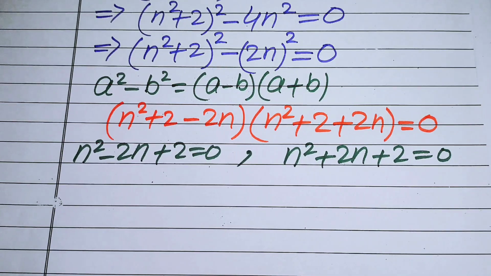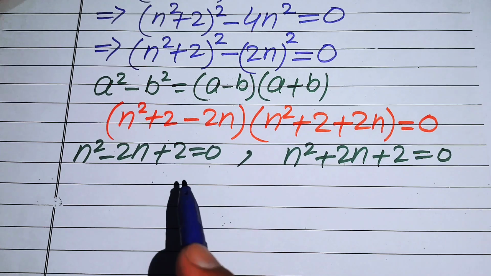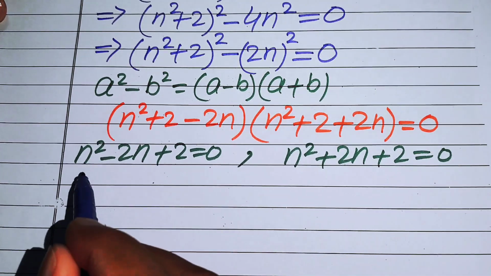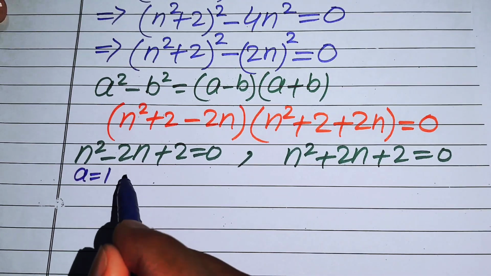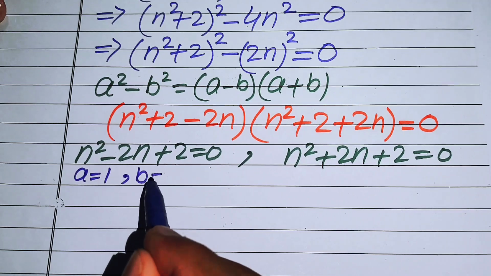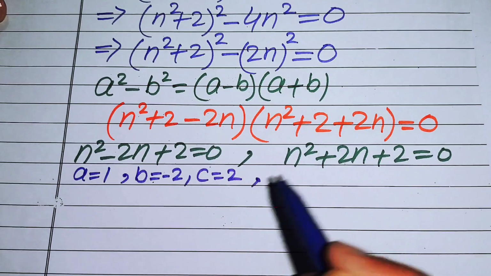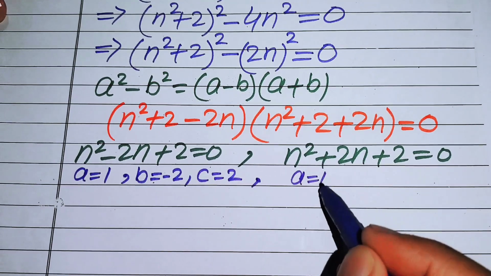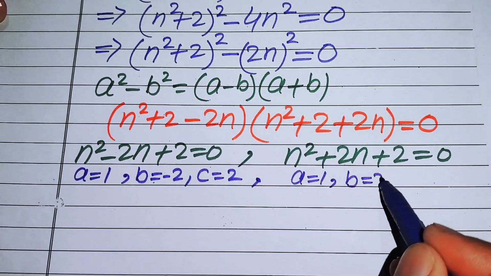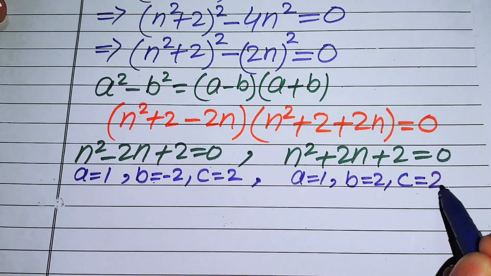We have these two cases, and now we will solve them one by one. Here we need to use the quadratic formula. In the first case we have a equals 1, b equals minus 2, and c equals 2. Similarly in the second case you have a equals 1, b equals 2, and c equals 2.